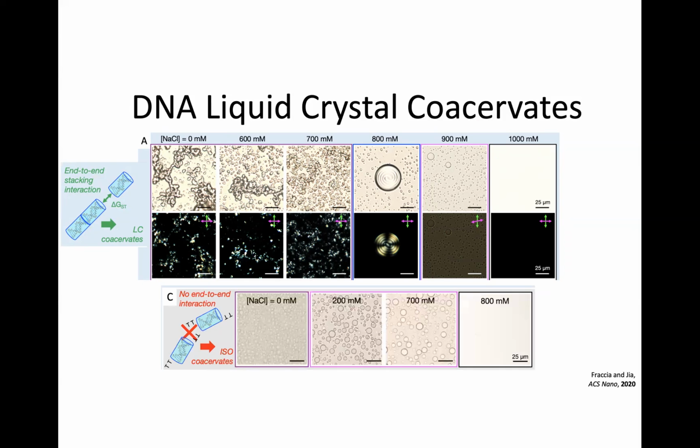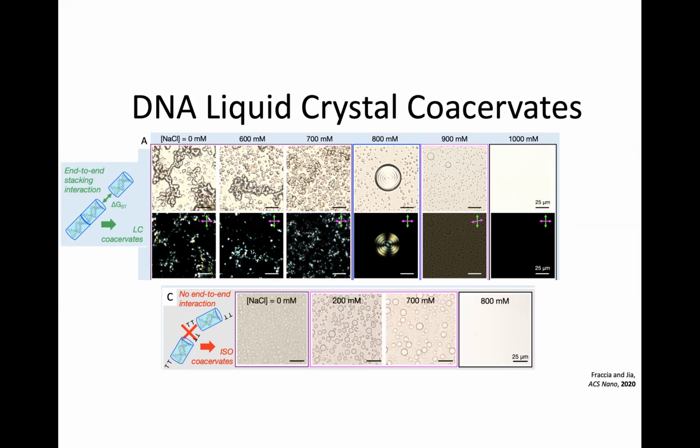In theory, this overhang would prevent blunt end stacking. We observed that although we could see the formation of the coacervate itself, in no conditions did we see liquid crystal formation, suggesting that blunt end stacking is absolutely essential to the liquid crystal formation process.